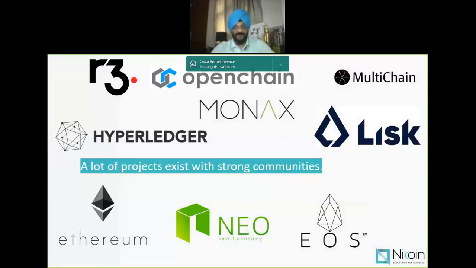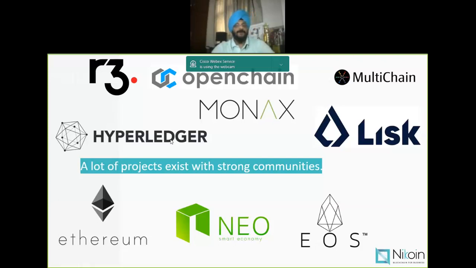These are the different blockchains, the very common and famous ones existing today: Hyperledger, MultiChain, Lisk, OpenChain, Ethereum, NEO, OS, and the one which I've written is Bitcoin. This is my creation of a blockchain as a service.